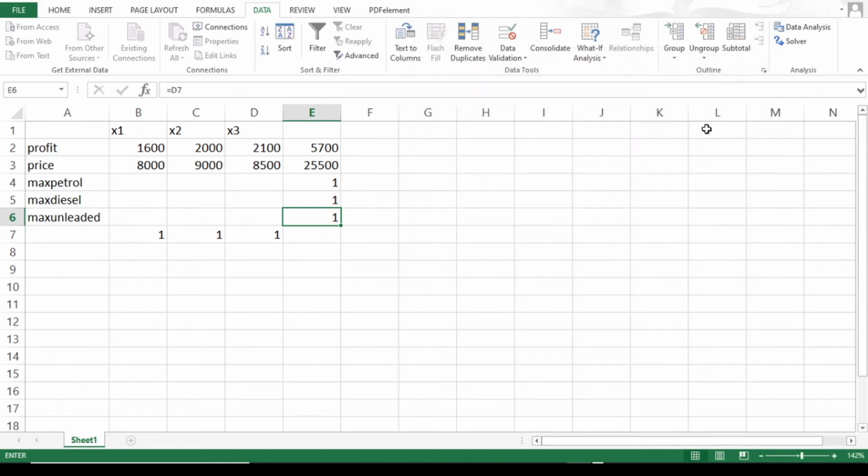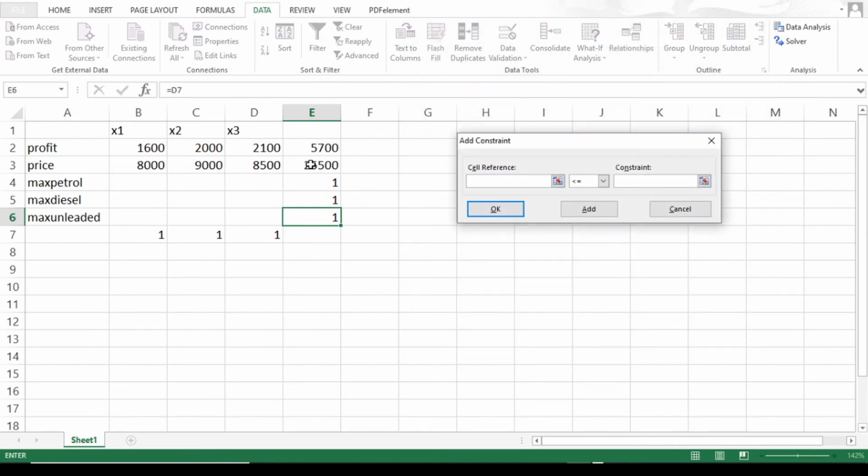So I click on add. My price or the cost must be, remember this is a drop-down menu, but we want it to be less than or equal to 100,000 rands. Then the storage space for petrol must be less than or equal to 8 tons.